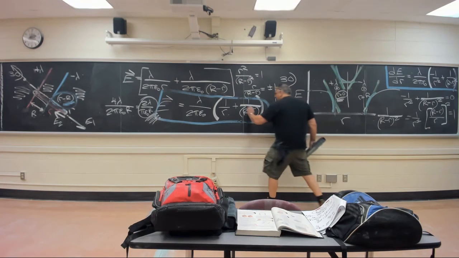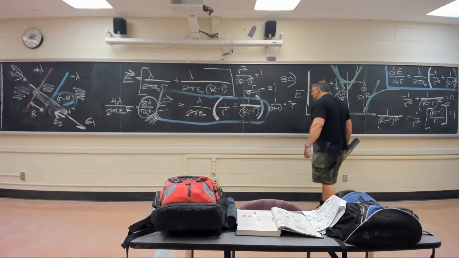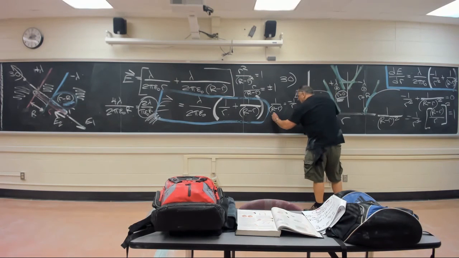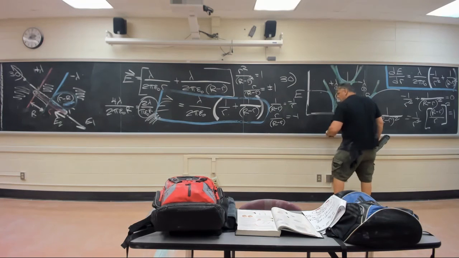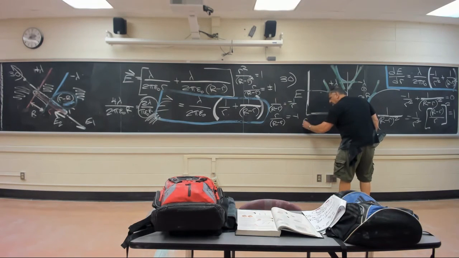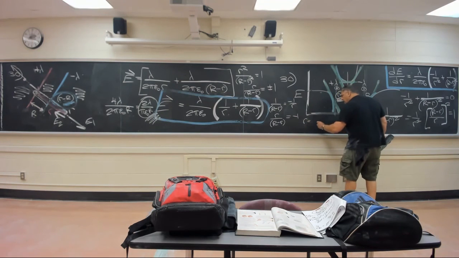If you add these two and have them be 0, then this guy's got to be equal to the opposite of what he is right there. You could go r over r minus R equals -1, multiply by capital R minus small r, -1 times capital R minus small r.